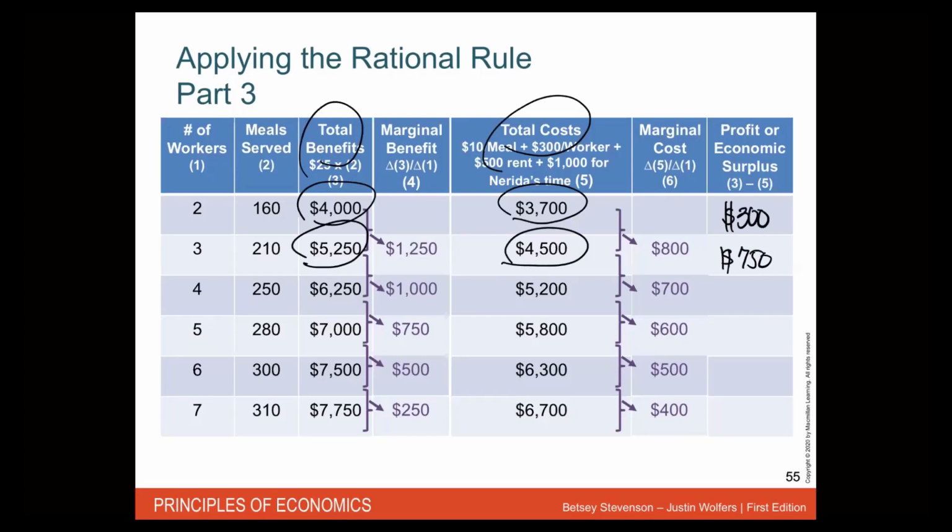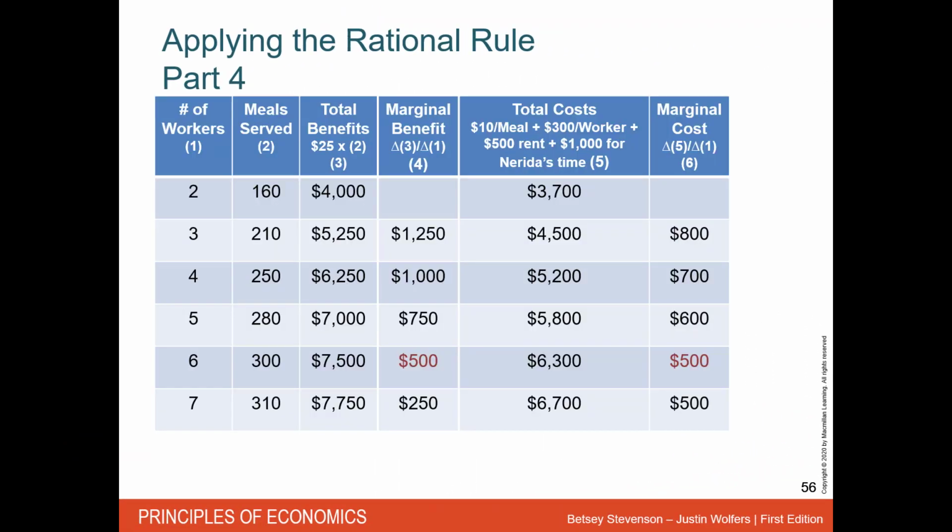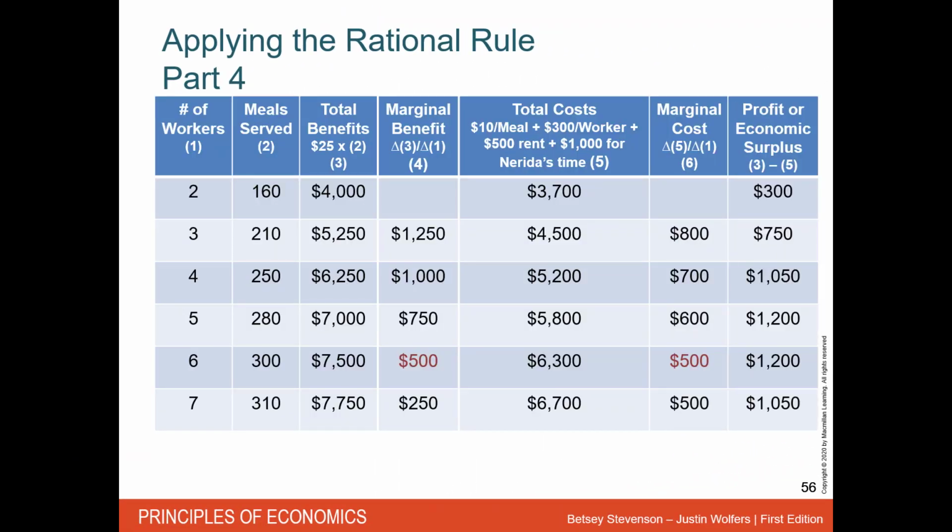We do that for the fourth worker, we get 1,050. And then if we do this for the rest, we get 1,200, 1,200 again, and then 1,050. As you can see here, profits at first increases and maximizes at 1,200, and then starts to decrease again.